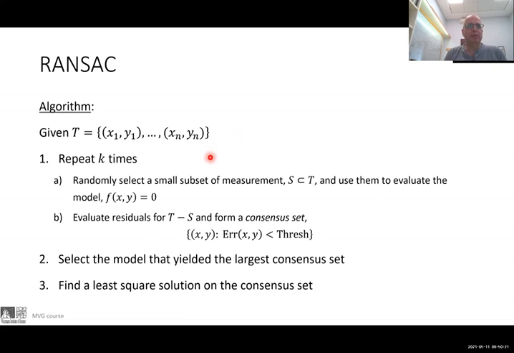And assume we have a model which we will denote as f(x,y) = 0. This could be a line in the previous example, or a projection given a camera and 3D point to a 2D point, or an essential matrix, etc. Any model. The idea is very simple.